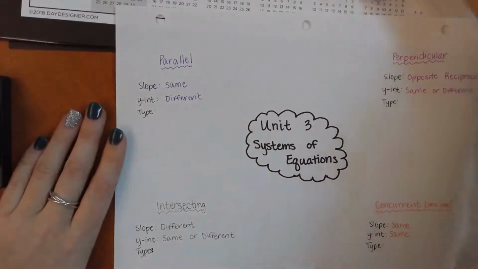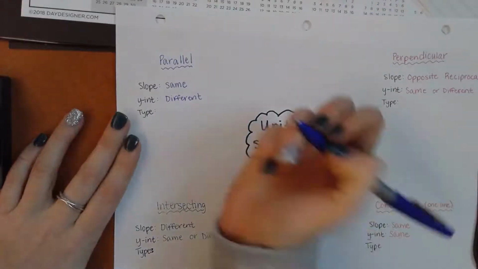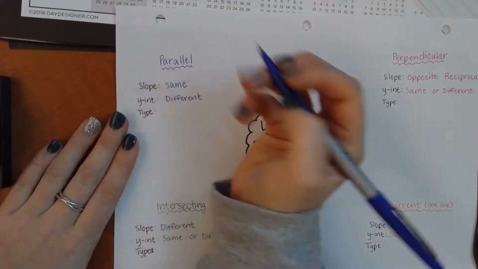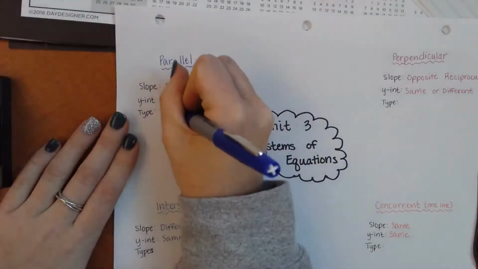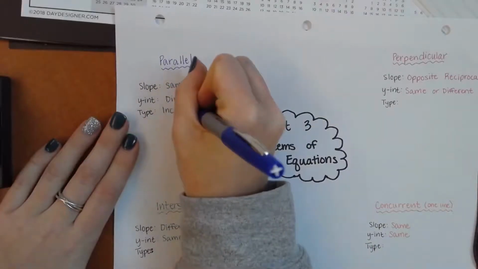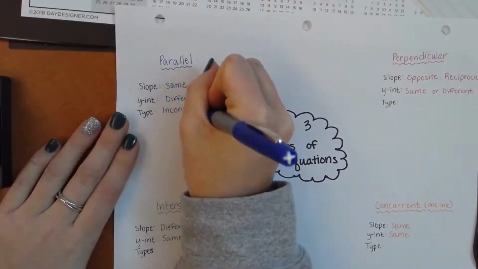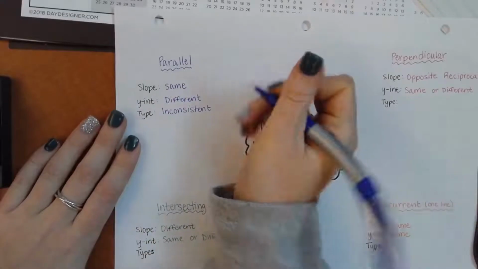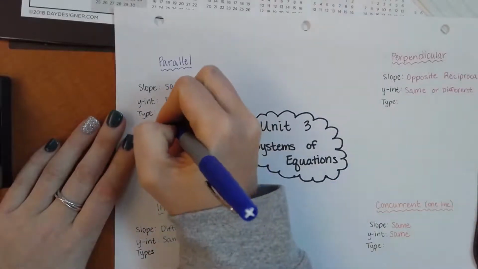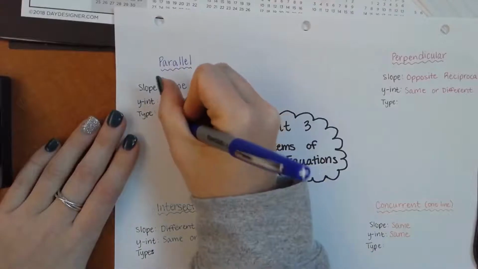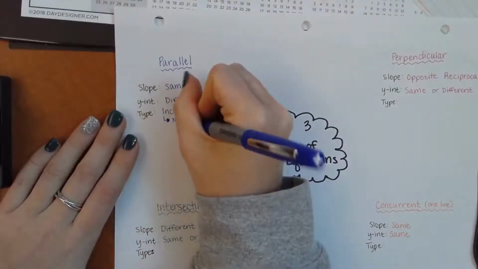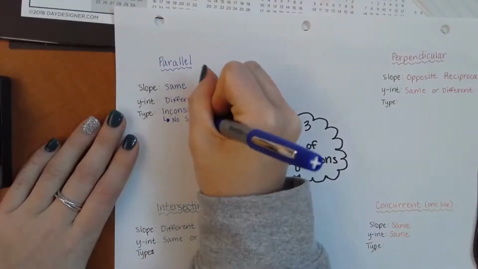So with that, parallel is inconsistent. So that means that there are no solutions.